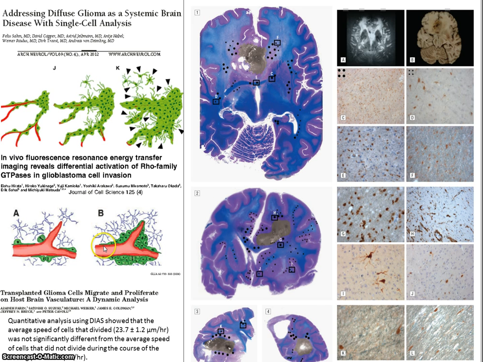Over here on the left, we're thinking of how these cells might spread. And in the top left, this is from work where I think this was actually in vivo imaging, and they would put in the C6 GBM cells, I believe.